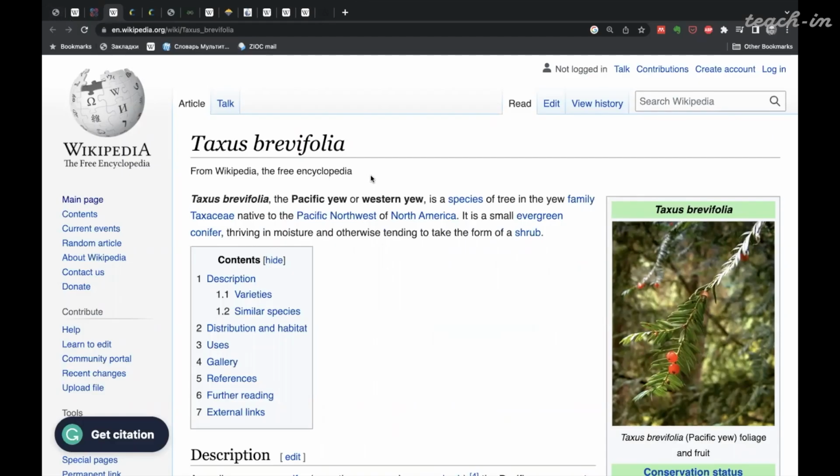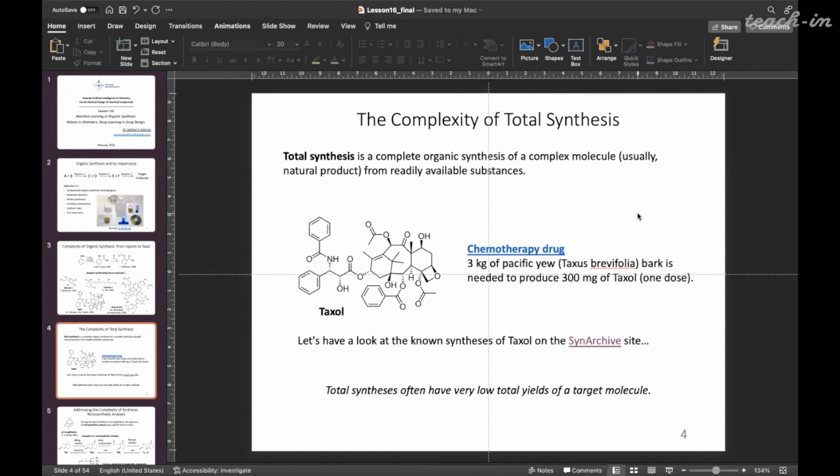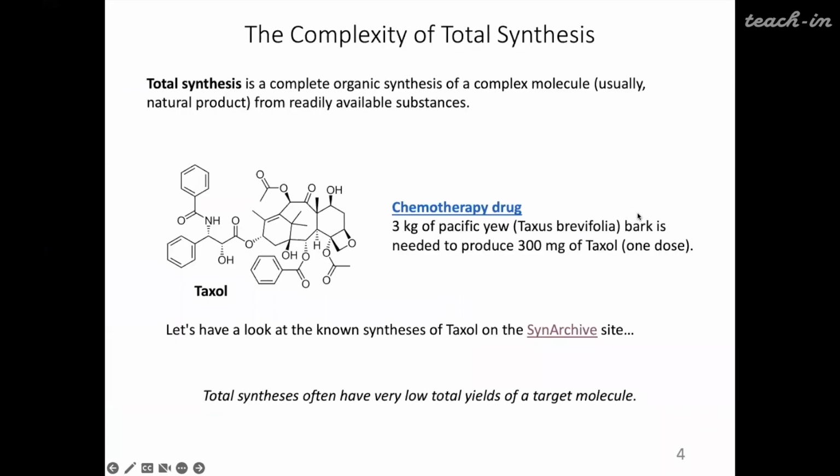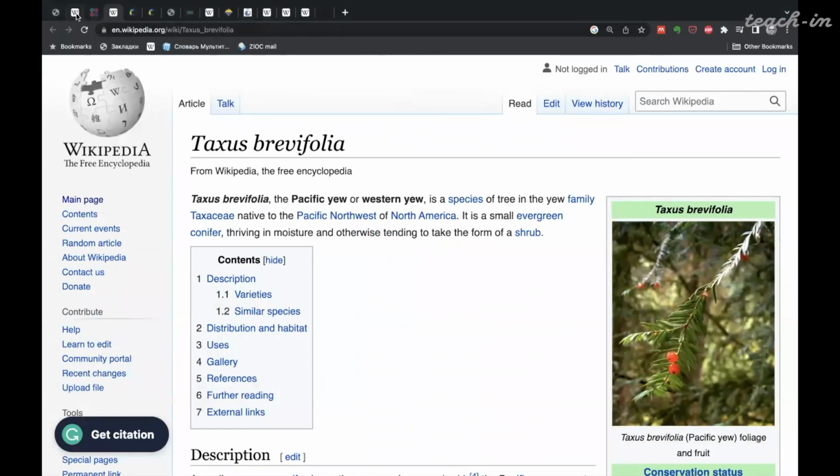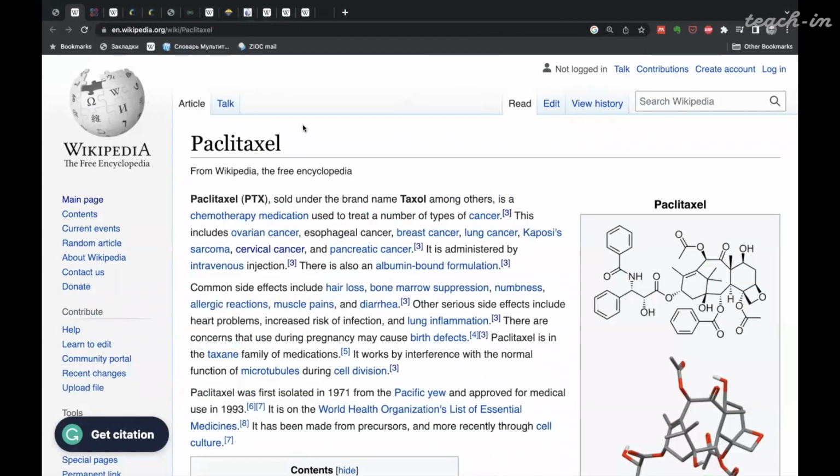We need to process a lot of its bark to produce only 300 milligrams, or 1 dose of Taxol, which is also called paclitaxel.